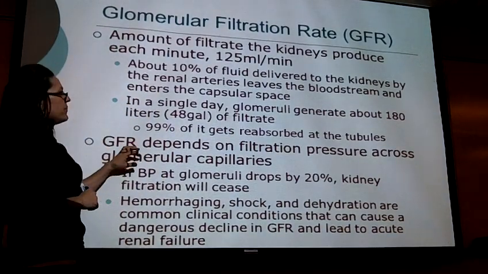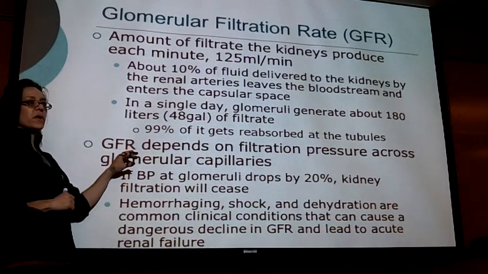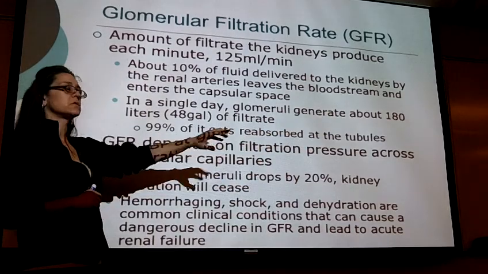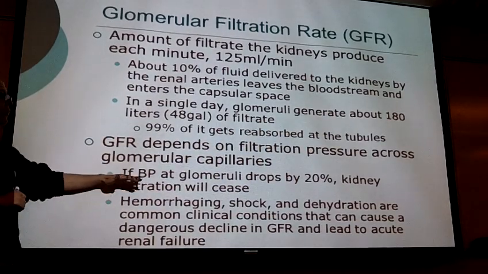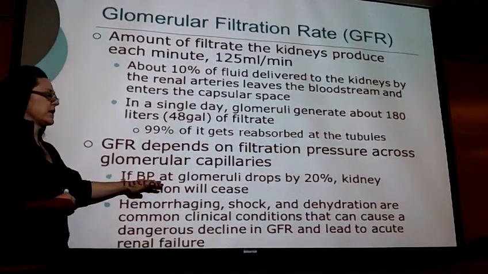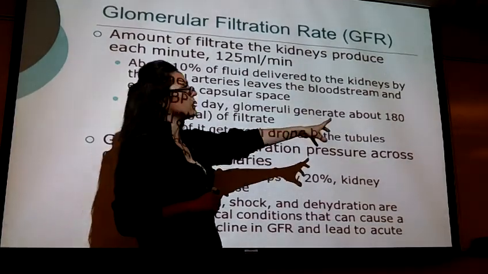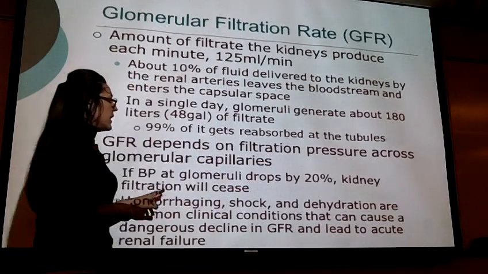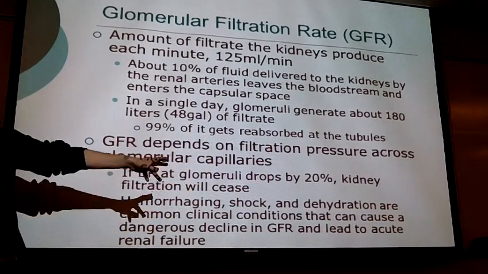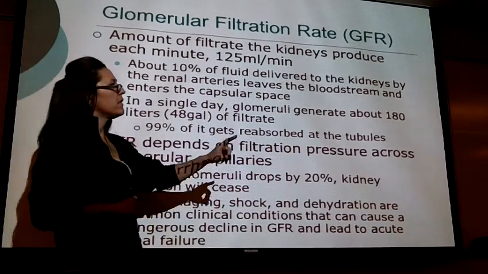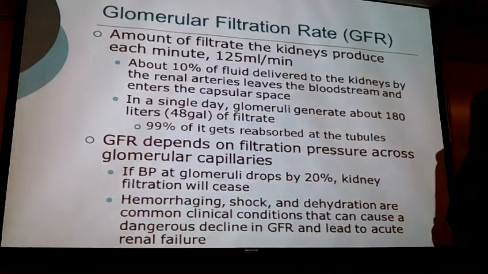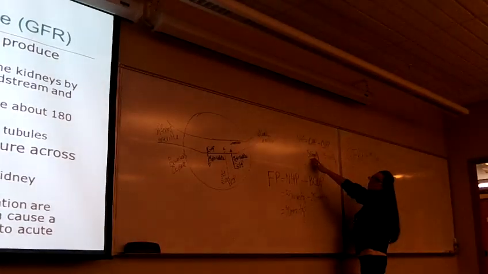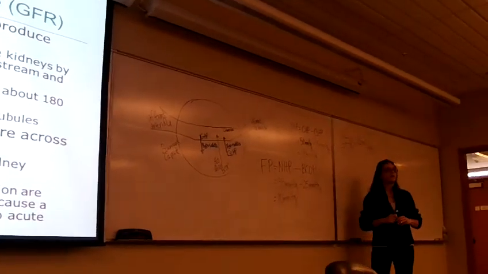Now again, this glomerular filtration rate depends on these filtration pressures. For example, if our blood pressure there at the glomerulus, which we said is about 50 millimeters of mercury, were to drop by just 20%, that would go from 50 down to 40, right?